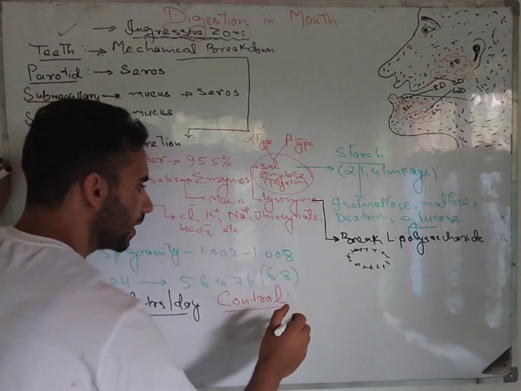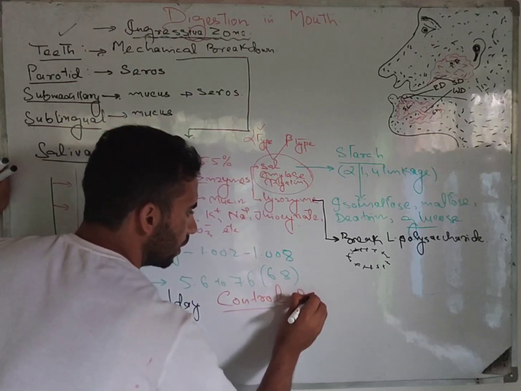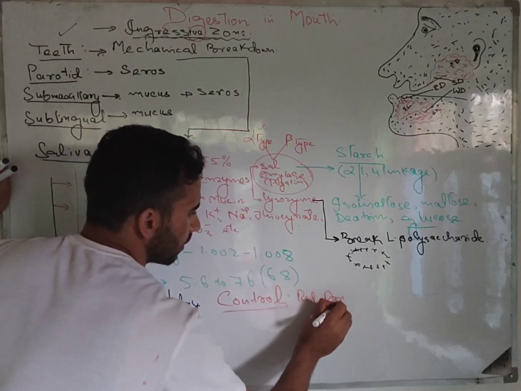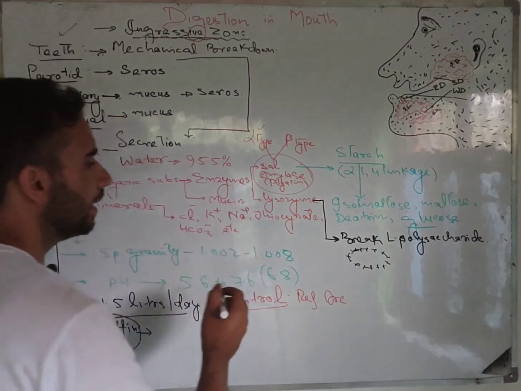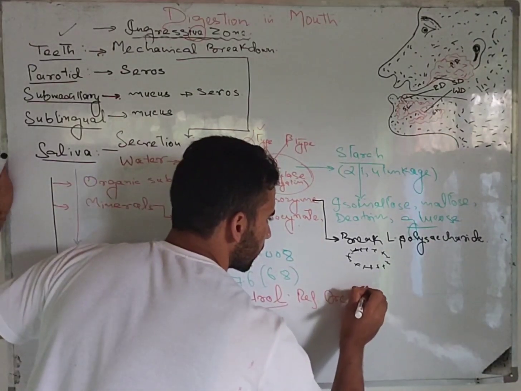So far as this reflex arc is concerned, it involves our 7th and 9th cranial nerves.